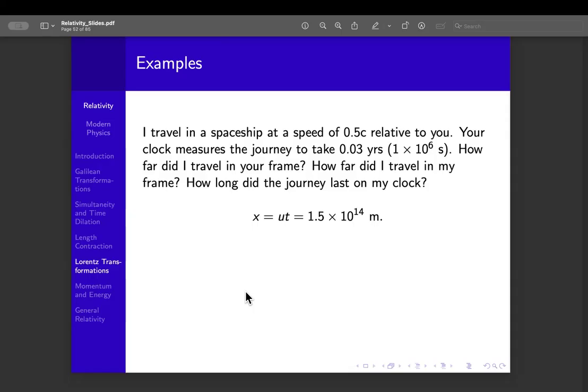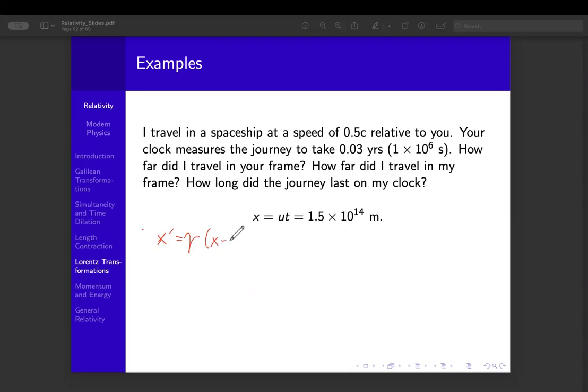Now, if I want to find the distance that I traveled in my frame, I'm looking for x prime. And the Lorentz transformations tell me that x prime should equal gamma times (x minus ut), and we actually have all of that stuff. Sorry, I misspoke. It shouldn't actually be what the odometer is reading.